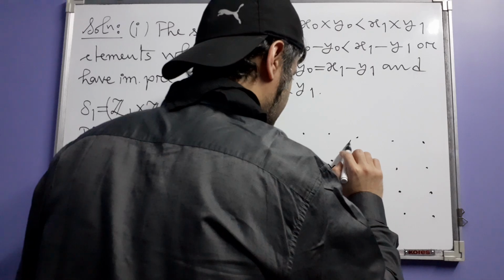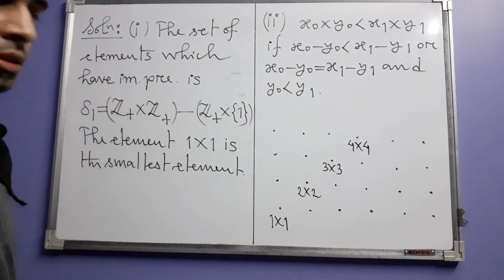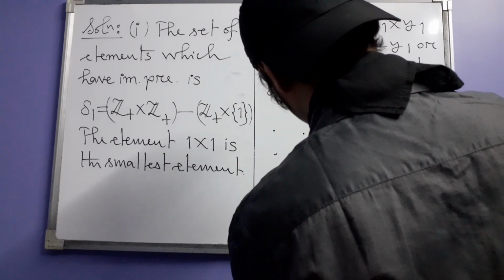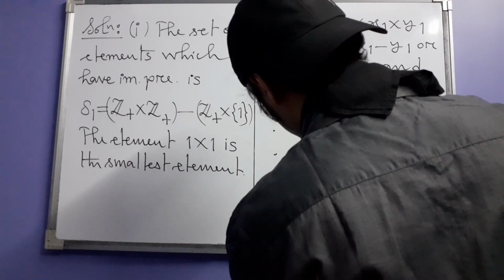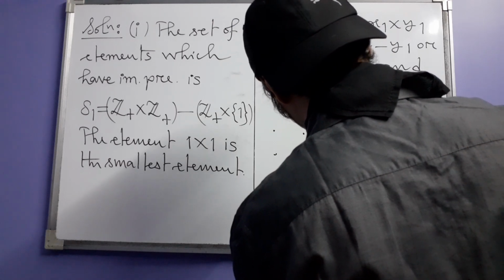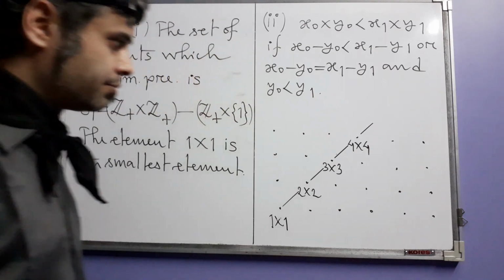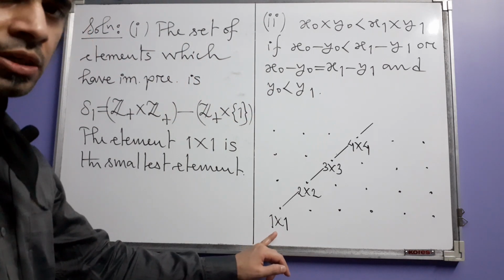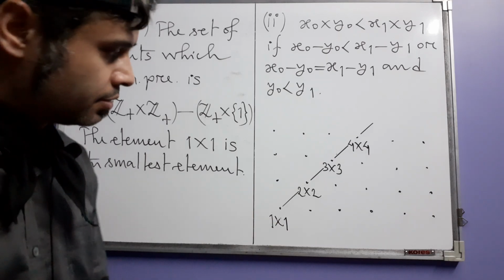Let us first look at these points which have the same x and y coordinates, and let us also draw a kind of a line which helps us see them together. For this point, for example, x naught is 1 and y naught is also 1.